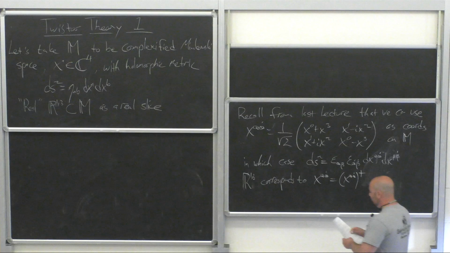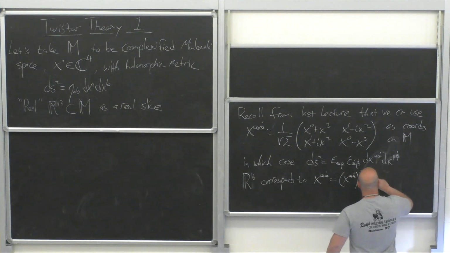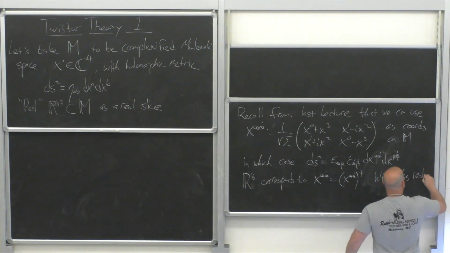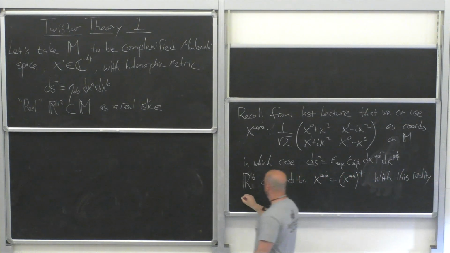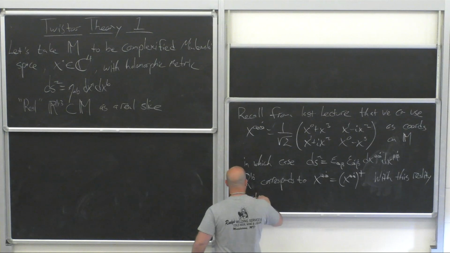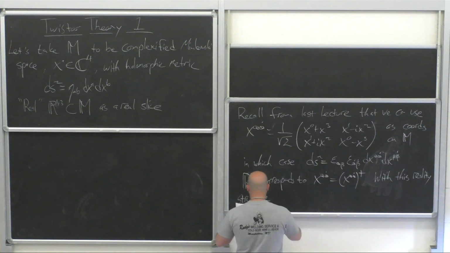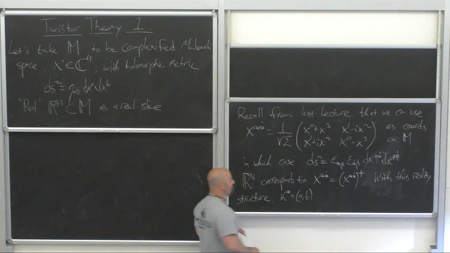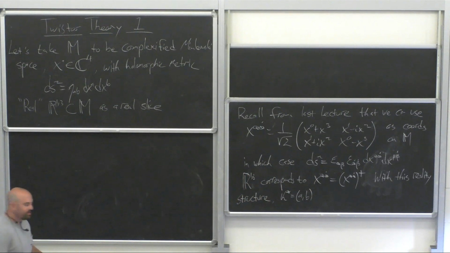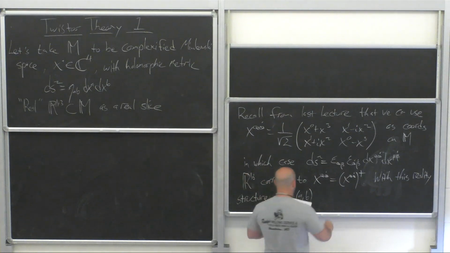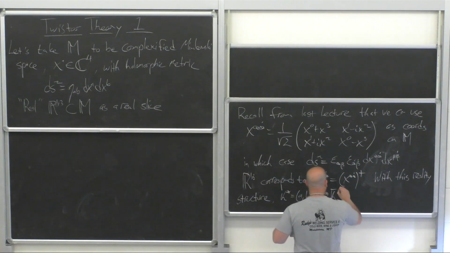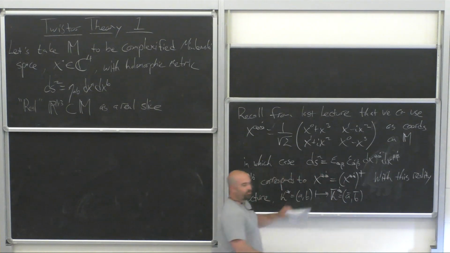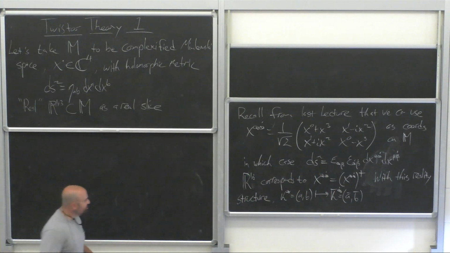So with this reality structure, if I have some κ_α with components A, B, some two-component undotted spinor, complex conjugation sends this thing to a dotted spinor whose components are Ā, B̄, where bar just represents the usual notion of complex conjugation.